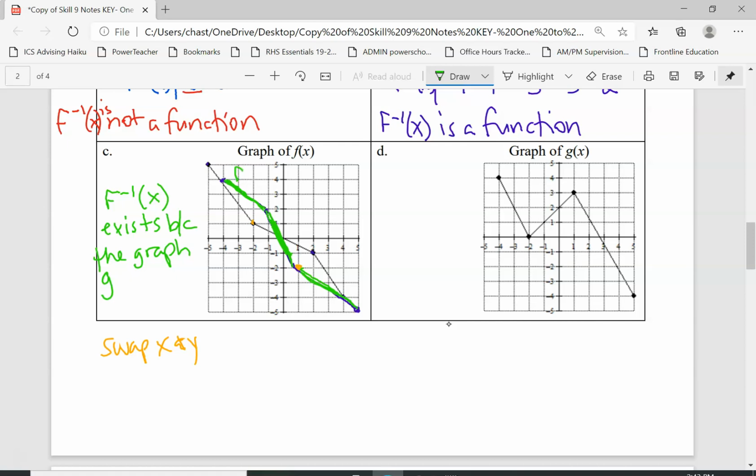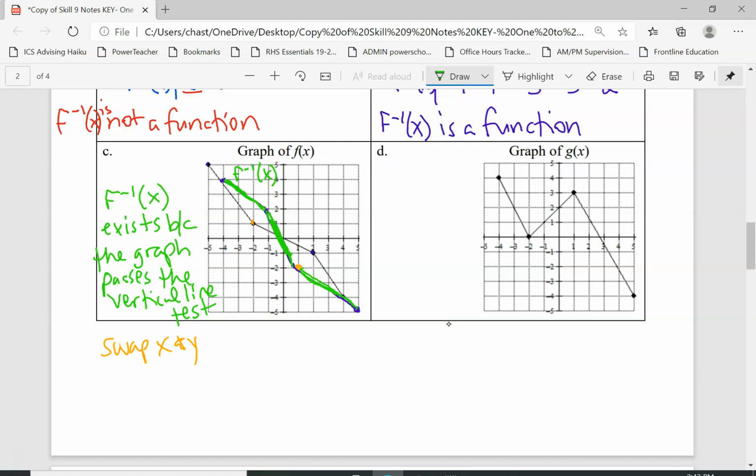So remember, green is f inverse of x. So the graph passes the vertical line test.